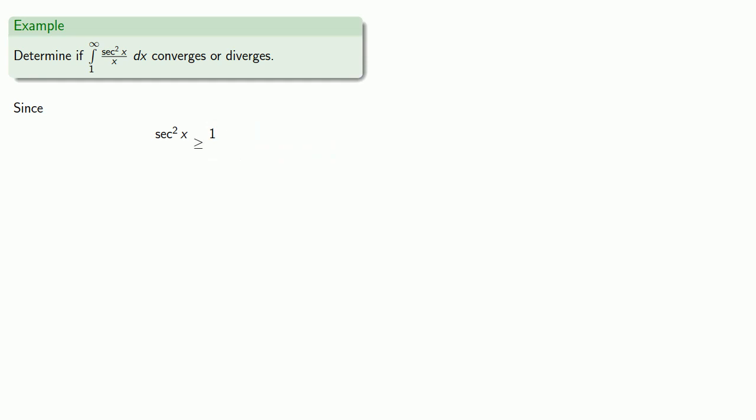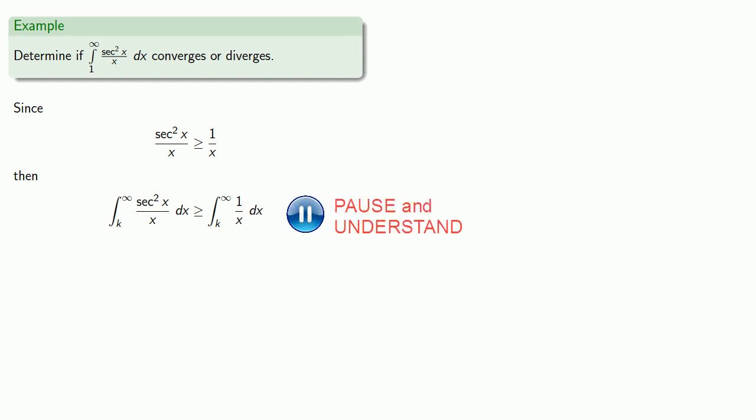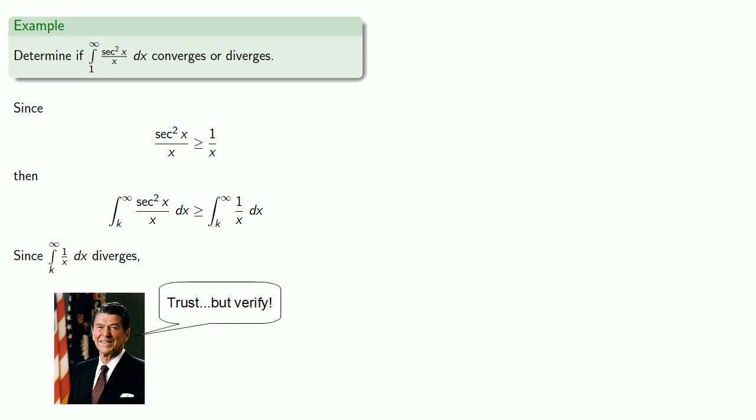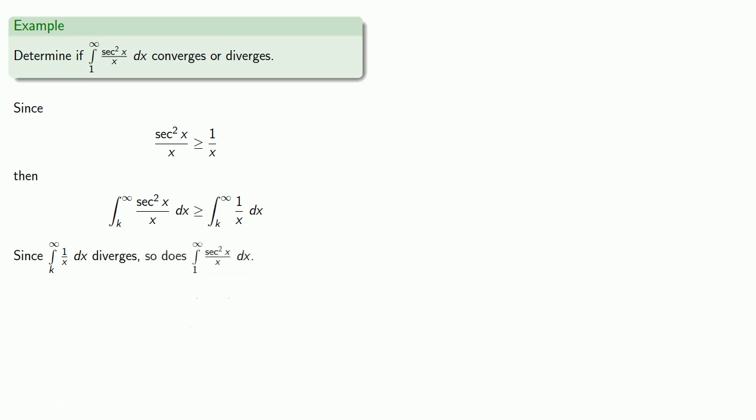So secant squared over x is always going to be greater than or equal to 1 over x. So the integral from k to infinity of secant squared over x is going to be greater than or equal to the integral from k to infinity of 1 over x. But the integral from k to infinity of 1 over x diverges, and so does our integral.